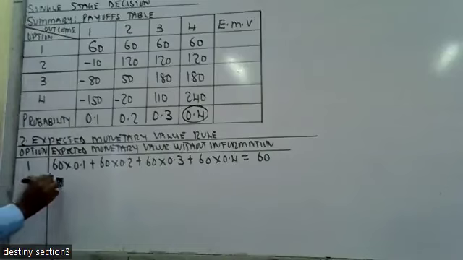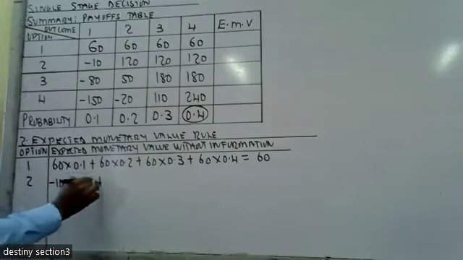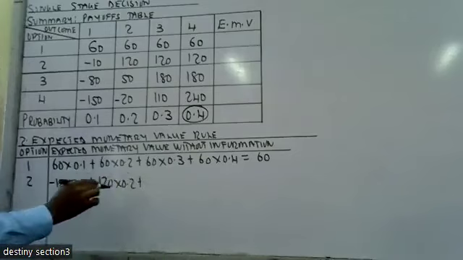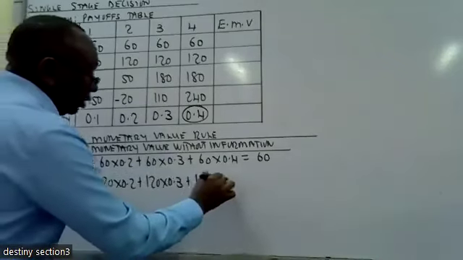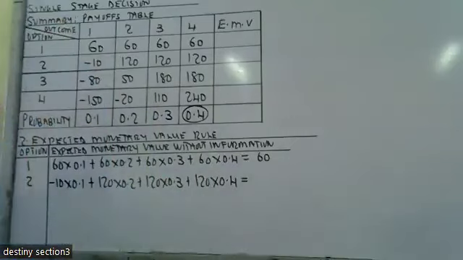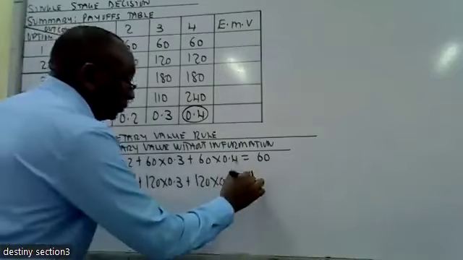You take minus 10 times 0.1 plus 120 times 0.2 plus 120 times 0.3 plus 120 times 0.4. That gives 107.